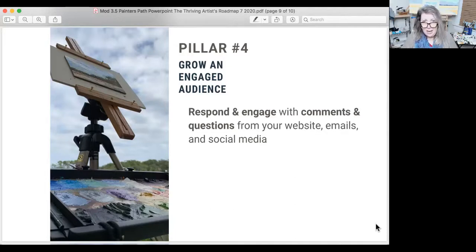And here's why. Most people don't do this. They do what I call drive-by posting, plop and run. They post on social media, they throw up a blog post, they send an email, and then they go do something else, and they don't engage. And when you don't engage back, the algorithm thinks you don't care. And so do your ideal collectors. And I know you do care, so you got to go back and engage.